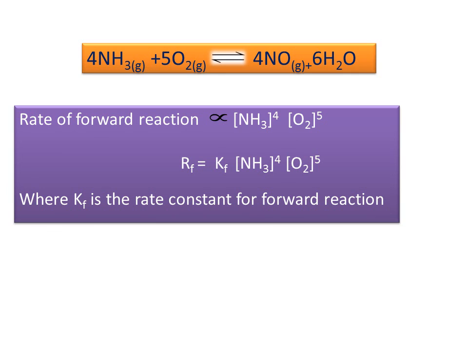Now we can write Rf is equal to Kf, 4 moles of ammonia. So we put these 4 moles as a coefficient, and concentration of oxygen, where Kf is the rate constant for forward reaction.